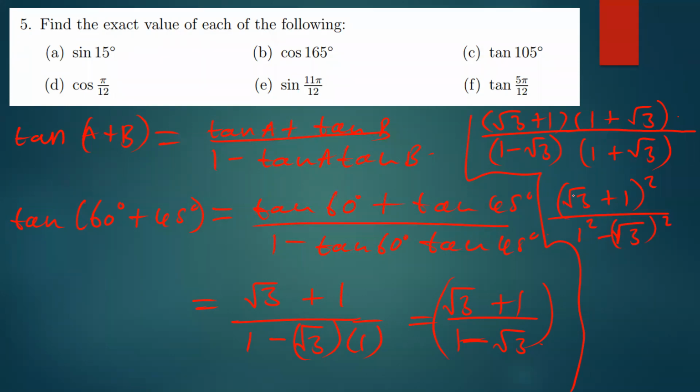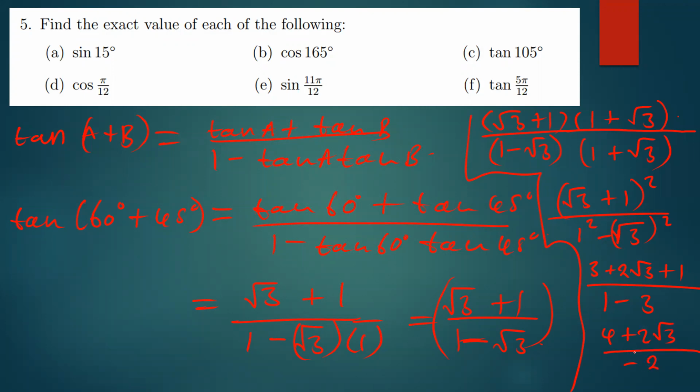On the numerator, if you want, you can simplify it. You get 3 plus 2 root 3, then plus 1, everything divided by 1 minus 3. So you have 3 plus 1, which is 4, plus 2 root 3, everything over negative 2.